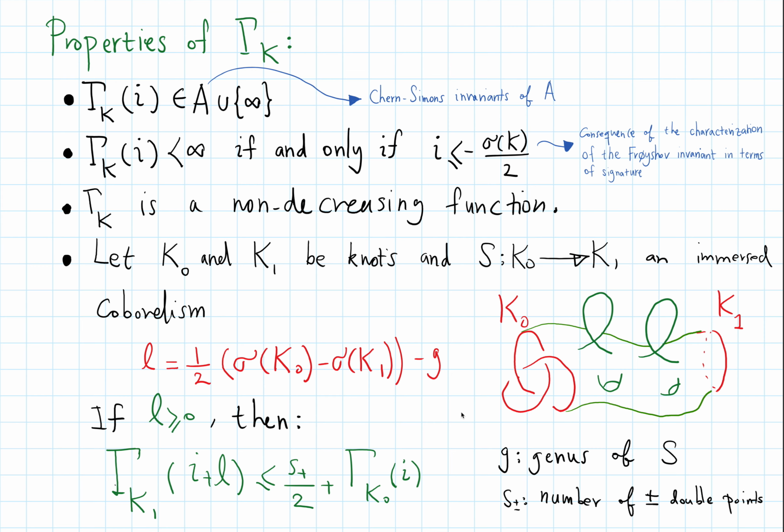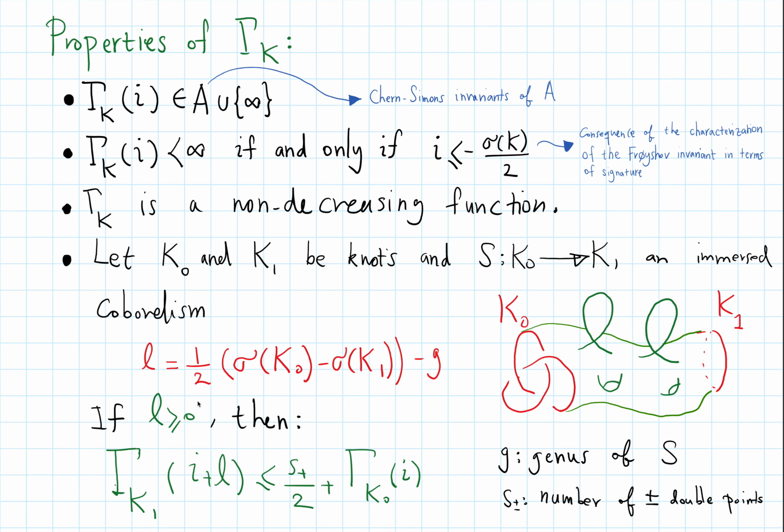Two remarks about this inequality, or maybe three remarks. The first thing is that this condition that L is non-negative seems to be a technical condition. We think that it's probably not necessary, and one might remove this condition by some work on the technical part of the story.